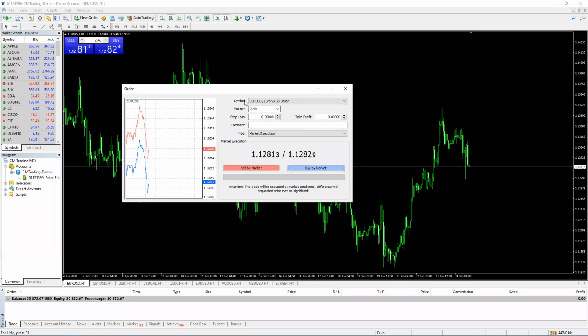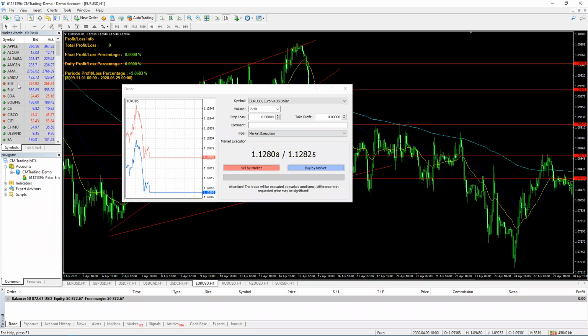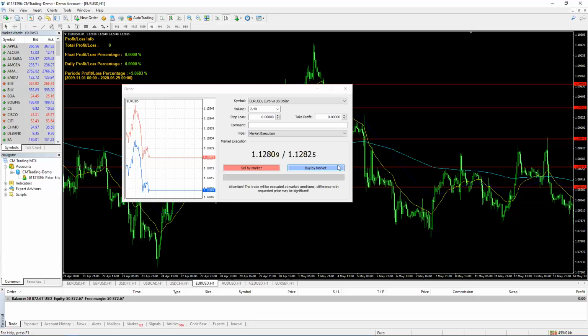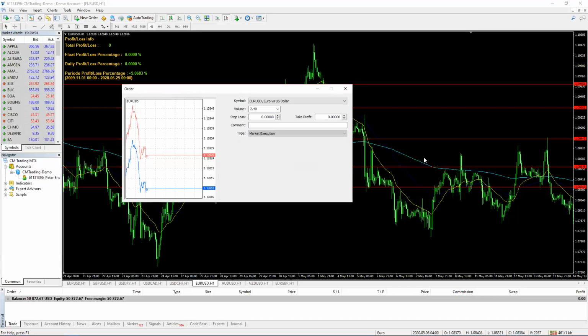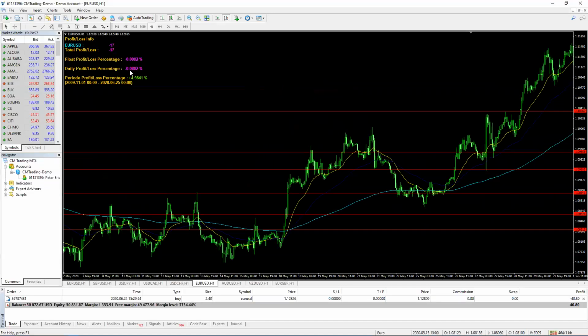Remember volume, symbol, then stop loss, net profit. But this is just to analyze the indicator we have. This indicator. Okay. So I'm just going to buy by market.